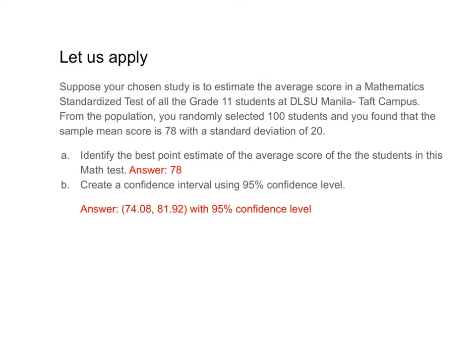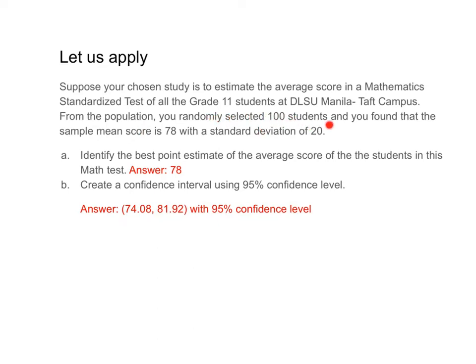In this video, I'm going to explain further the meaning of a confidence interval. As we can see on the screen, this was a problem on finding the confidence interval given the information that we have.